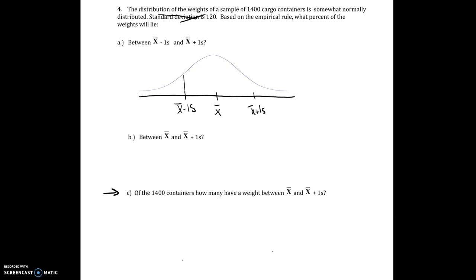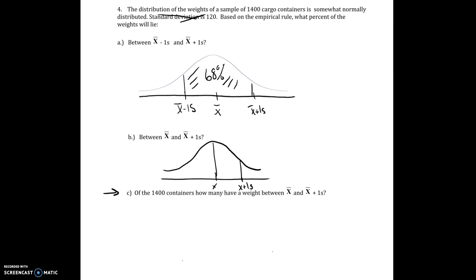We've done similar questions like that before, right? We know that 68% of the data falls in that range. And now, since we actually want between the mean and the mean plus one standard deviation, we can use the symmetry of the normal distribution to figure out that percent.